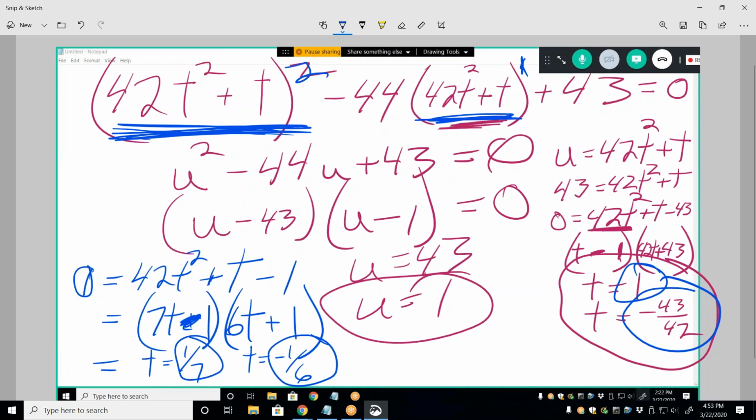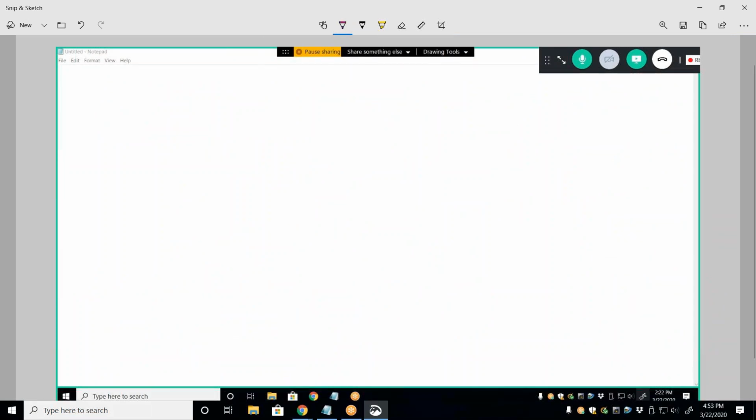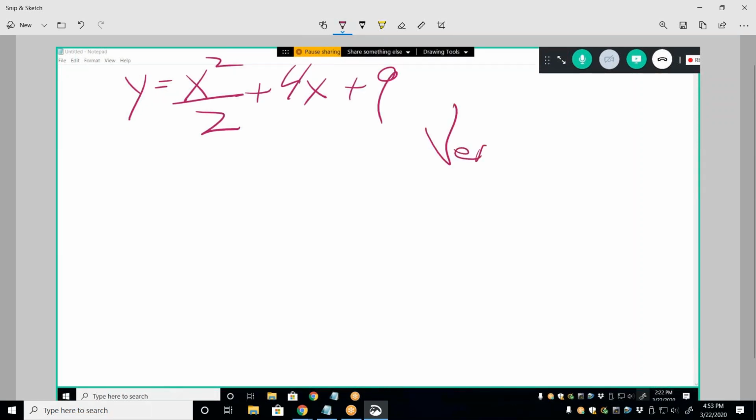The first question is find the vertex of, is it a new function or is it the same function? It's a new function. Okay. Go ahead. So it's x squared over 2 plus 4x plus 9. Okay. We find the x coordinate.